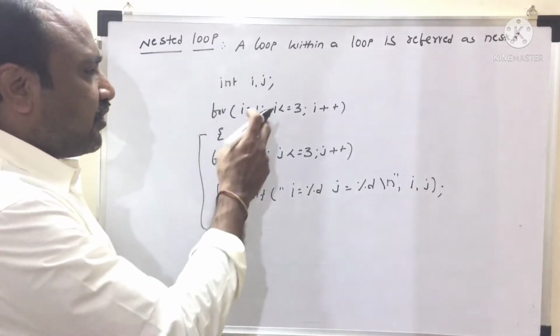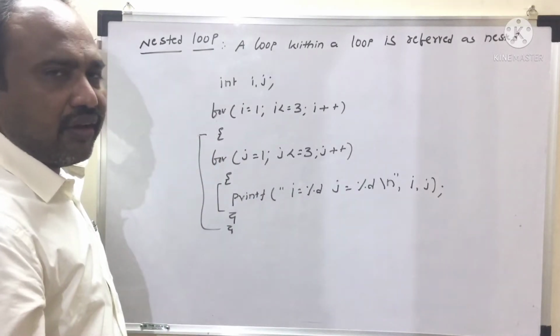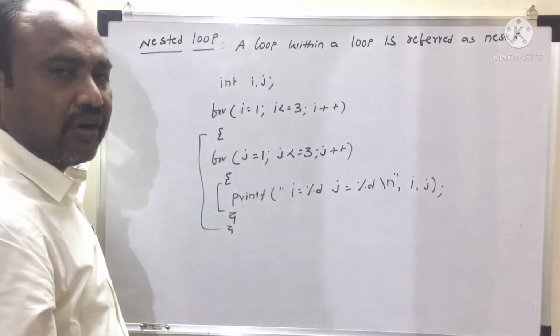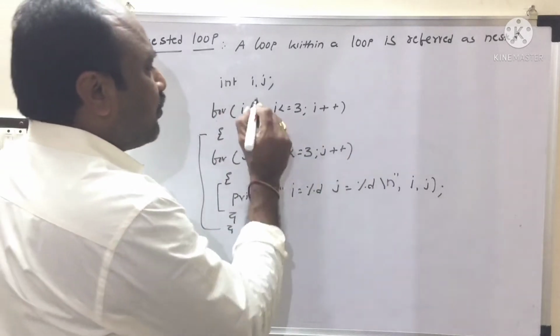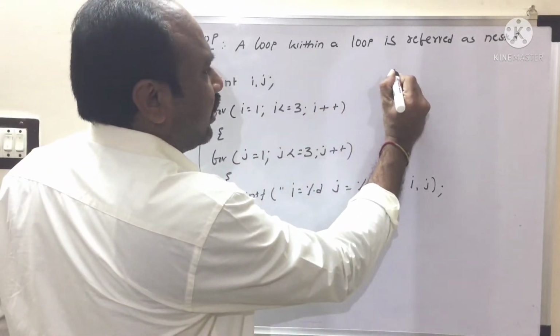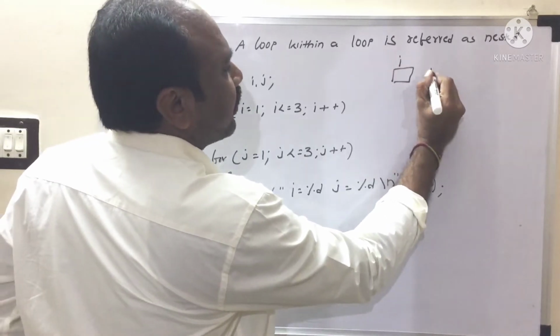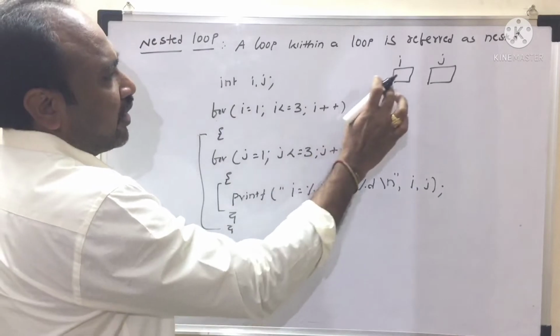Okay, if you understand this example, then you can clearly understand how inner for loops work. How does the inner for loop execute? What are the variables I am taking? i and j. Take two variables i and j. Initially, I did not store any value under i and j.